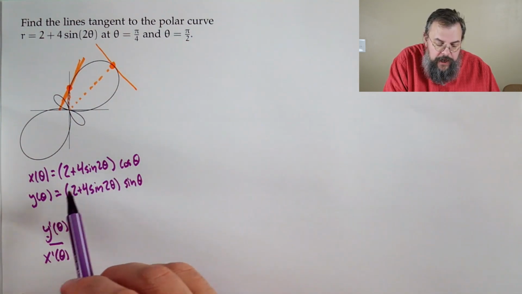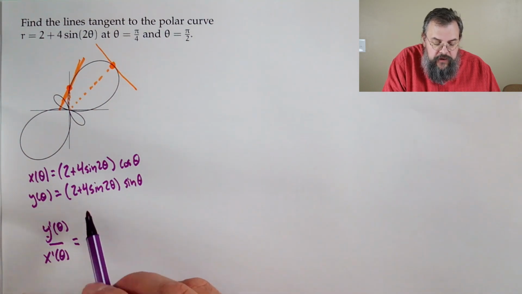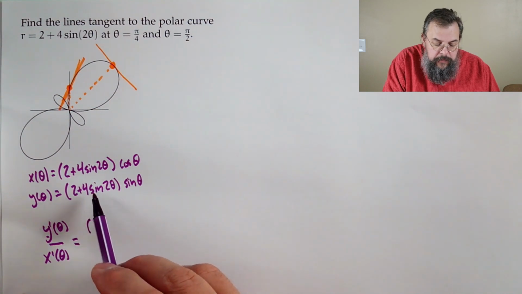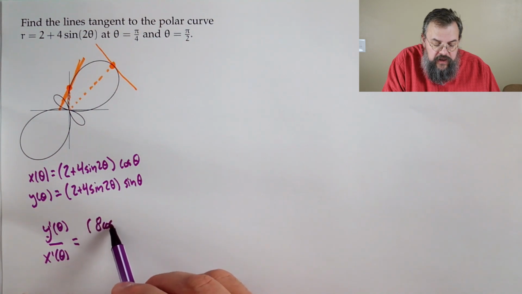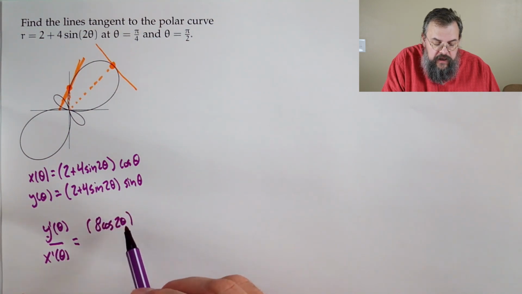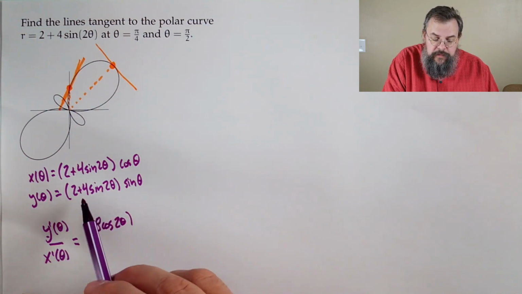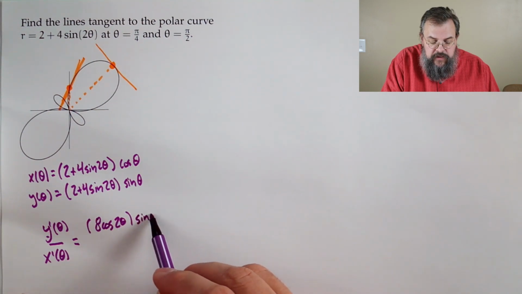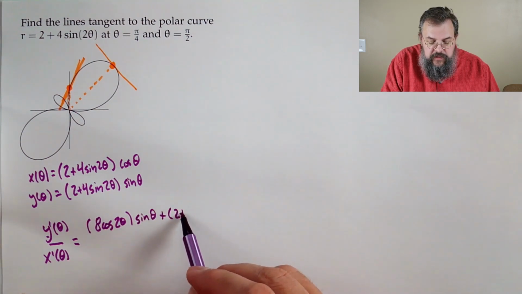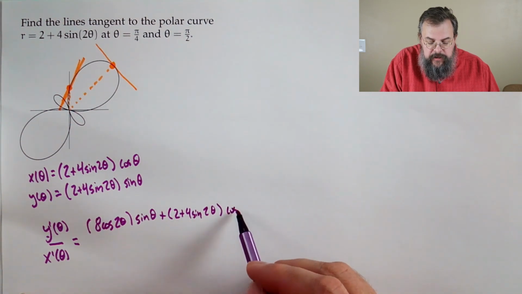So, derivative of y. How do you do it? Well, product rule. So, derivative of the first term, well, that's 2 goes away. Derivative of 4 sine 2 theta will be 8 cosine 2 theta. And that's because derivative of sine is positive cosine, and chain rule, the 2 comes down, multiplies by the 4. So derivative of the first times the second plus the first times the derivative of the second. Well, that's cosine.